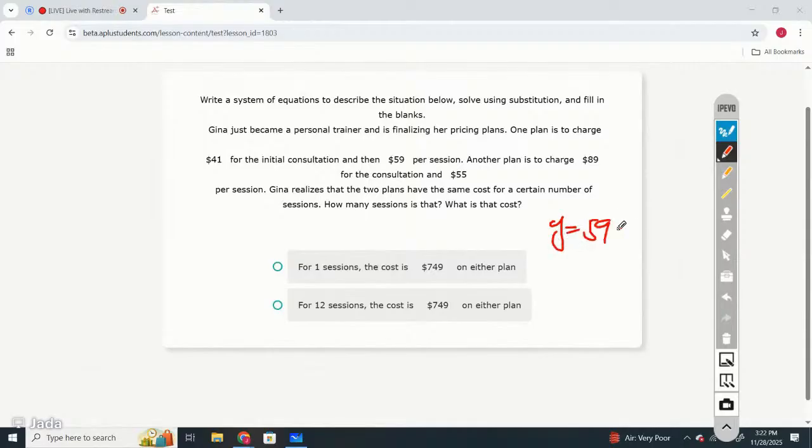So y is equal to 59x plus 41. Another plan is to charge $89 for the consultation and $55 for each session. Gina realizes the two plans have the same cost for a certain number of sessions. How many sessions is that?